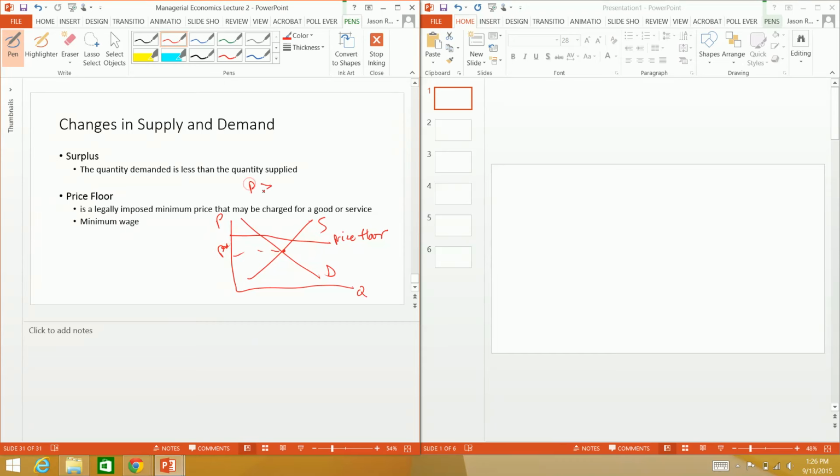So anytime prices are greater than P star, we can think of minimum wage, we might then have a surplus. These ideas are really important moving forward: really understanding the determinants of supply and demand and then applying them in a way that will shift the demand or the supply curve.